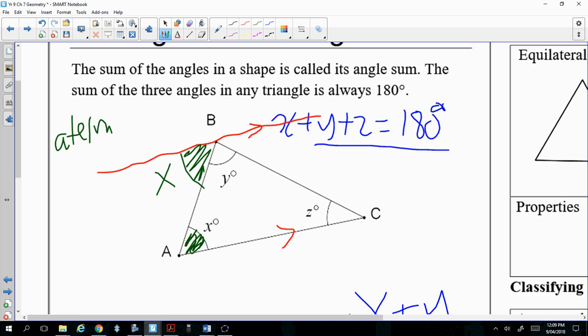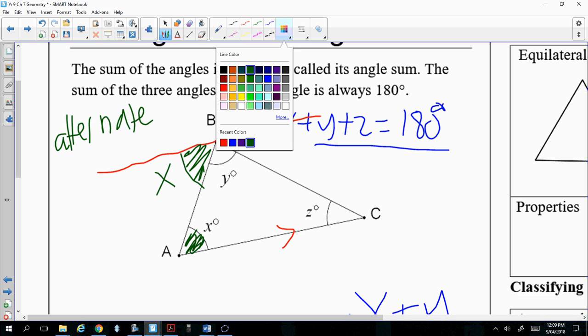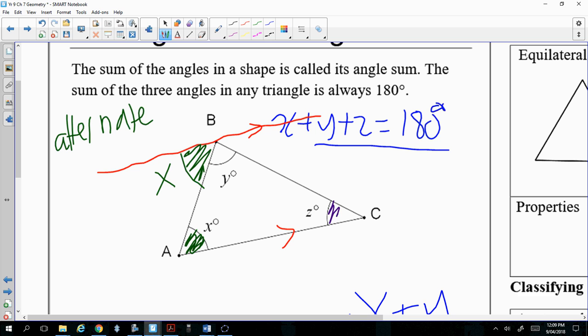Alternate angle. And how about this one? The angle equal to z is equal to this one, isn't it? Now what does x plus y plus z equal to? It's a straight line. So that's a better way to see why they add up to 180. It's a proof.